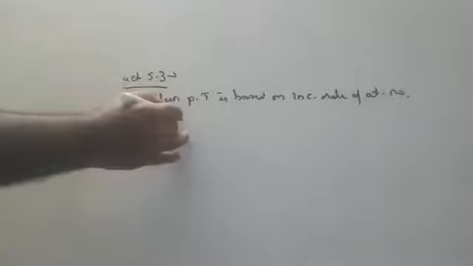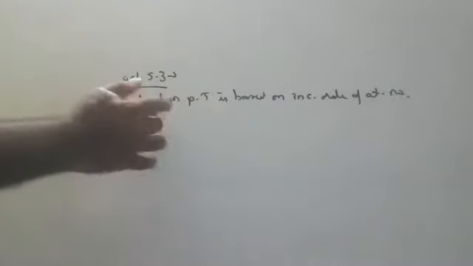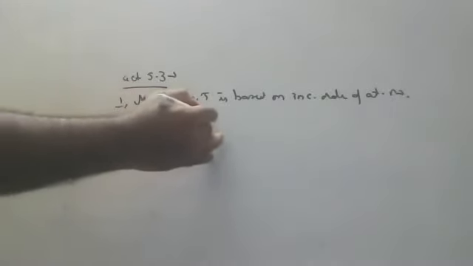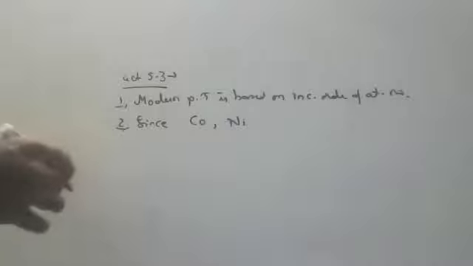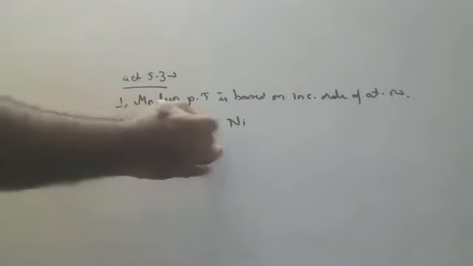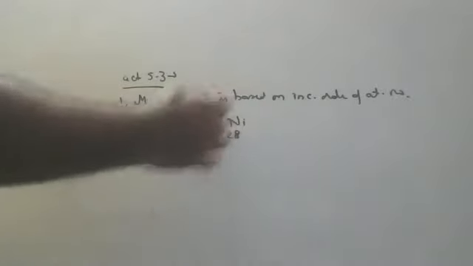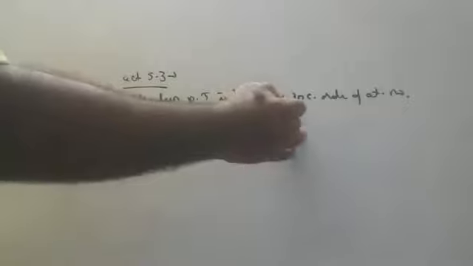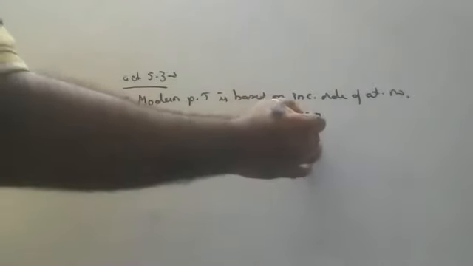Since cobalt and nickel, the atomic number of cobalt is 27, nickel is 28.